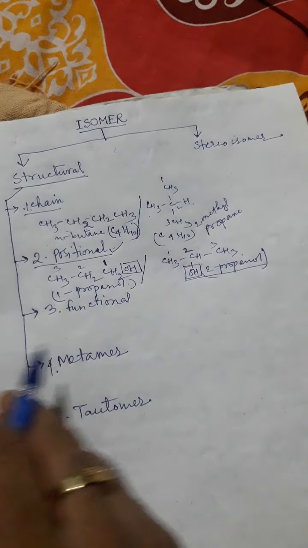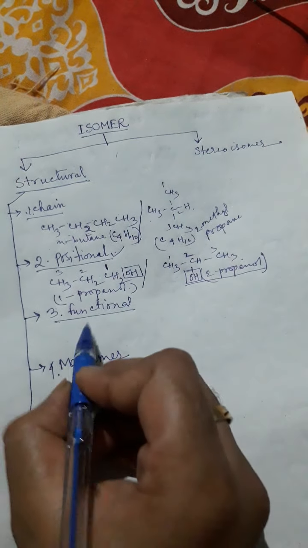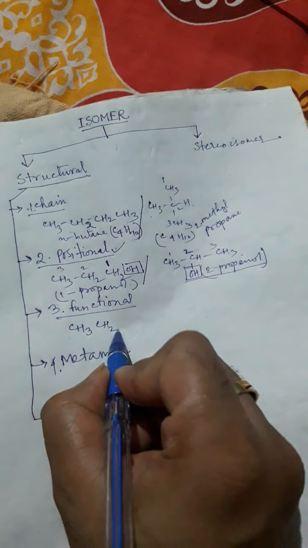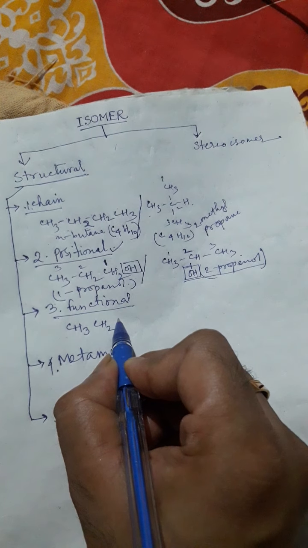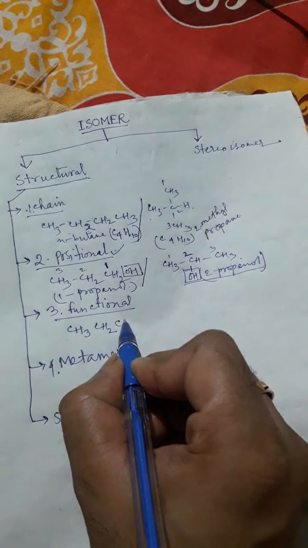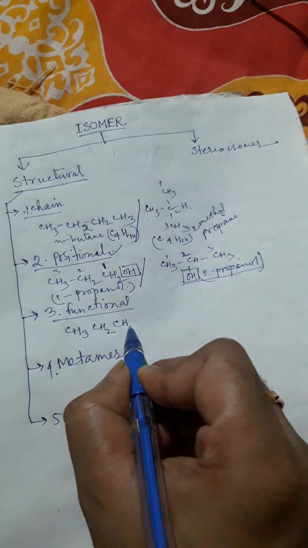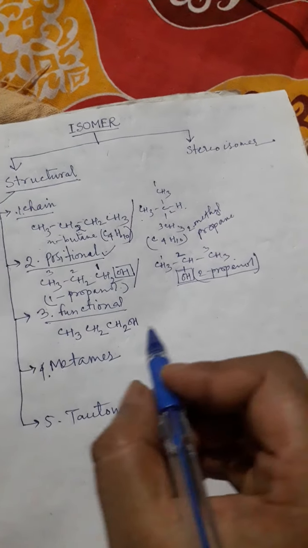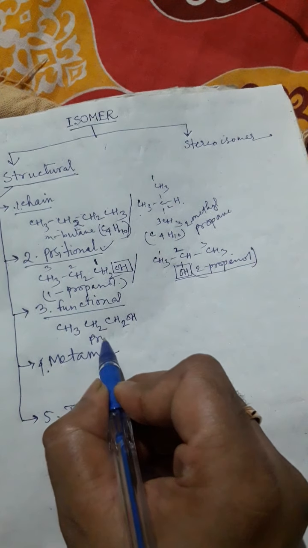Okay. So next one is functional isomer. Giving one example. Suppose CH3 CH2 CH2OH. So this is propanol again.